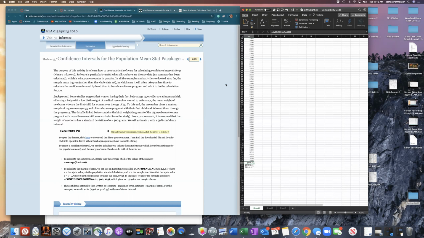grams. And although I don't think we need it, I did calculate the sample variance. I wasn't sure what the command was, so I started typing in variance, and I did VAR, and then I chose .S for sample. Then I did the same A2 colon A126, taking the variance of all those.